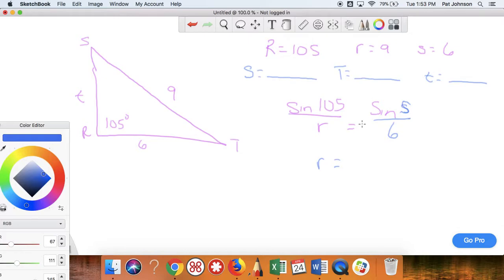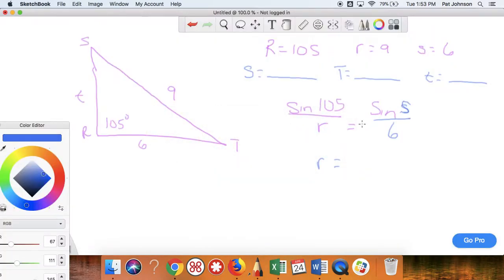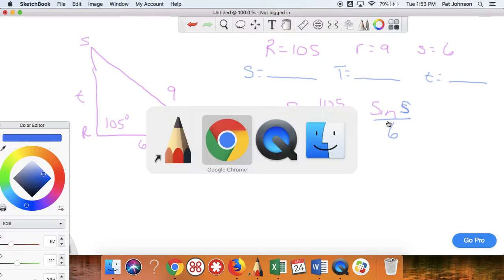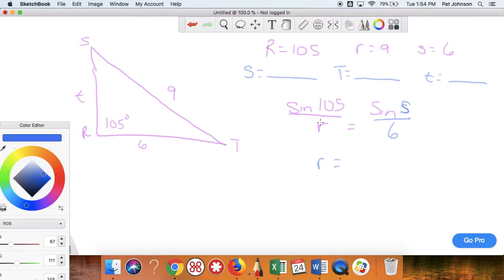Oops, I did this wrong. Okay, so sine of S over 6 is equal to sine of 105 over 9. Oh, we knew 9. We're missing angle S. So we're finding the measure of angle S. So doing the algebra, we're going to do 6 sine of 105 divided by 9.